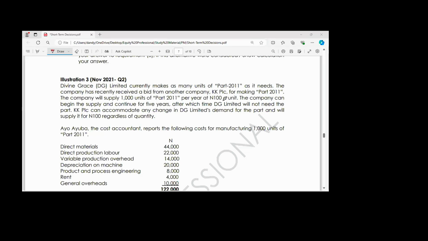Illustration 3. November 2021, question 2. Divine Grace DG Limited currently makes as many units of Part 2011 as it needs. The company has recently received a bid from another company, KKPLC, for making Part 2011.